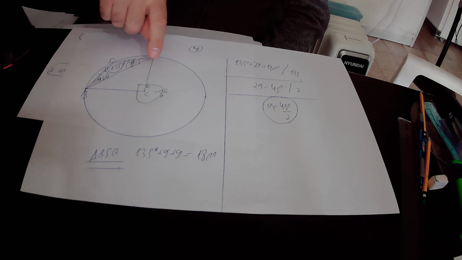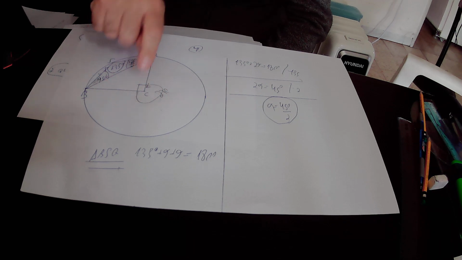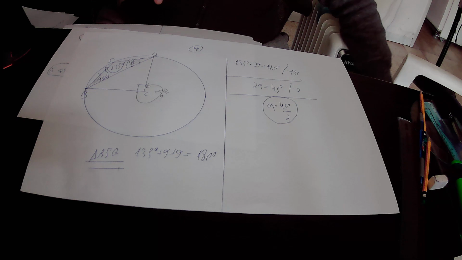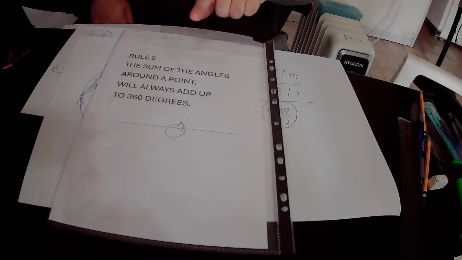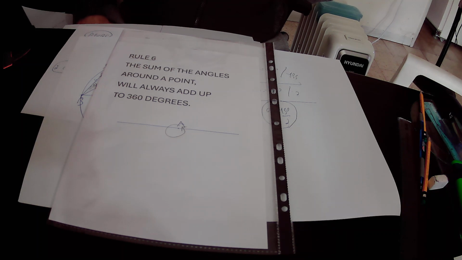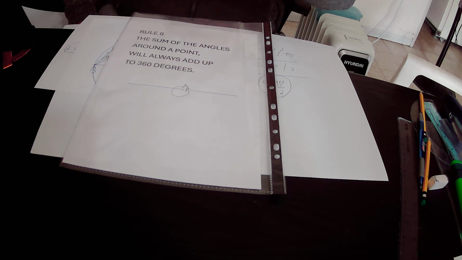So what is the size of the central angle QCB? We have rule number 6 that relates to the sum of the angles around a point, which will always add up to 360 degrees. So in the drawing we have here point A, and according to rule number 6, the sum of the angles around point A must be equal to 360 degrees.